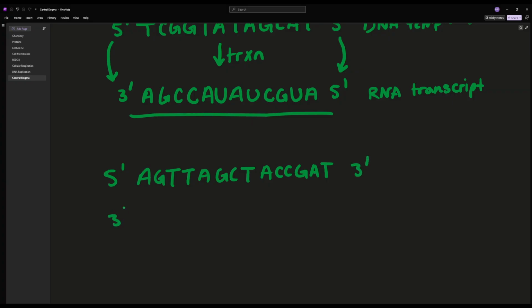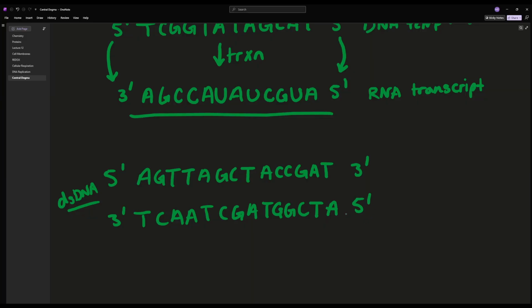Okay, and then we'll give its complement. So this is double-stranded DNA. A is going to pair with T, G with C, A, T, C, G, A, T, G. Oops, that's not where that G should go. G, G, C, T, A, 5 prime.